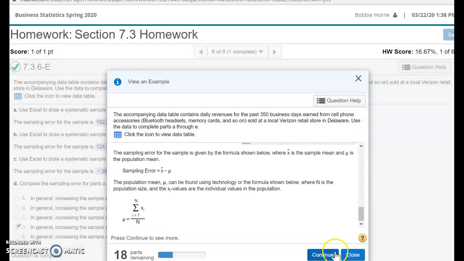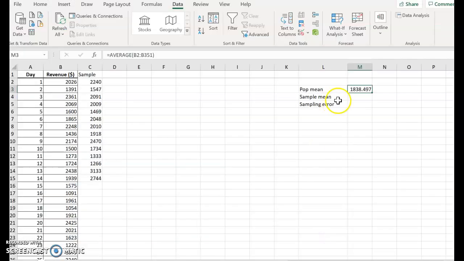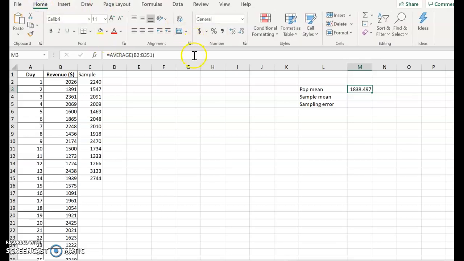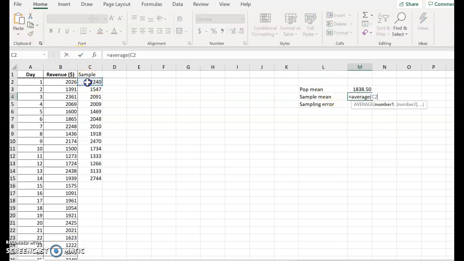They want you to round the population mean to 2 decimal places, which is important, because you might miss your answer because of the rounding. So I need to round this to 2 decimal places. Now we're going to do our sample mean. We're going to use the average, because mean is average.